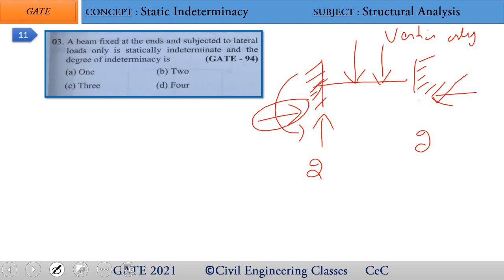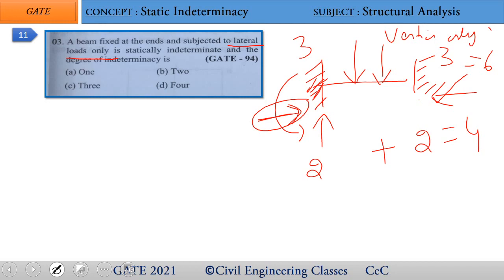Similarly here we have two unknowns. So the total number of unknowns is 4. Earlier for a fixed support we had 3 and this is also 3, the total is 6. But when it is mentioned that there is vertical loading only, we should not consider the horizontal reaction because there is no horizontal loading.